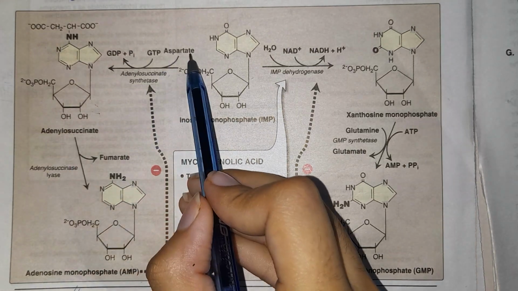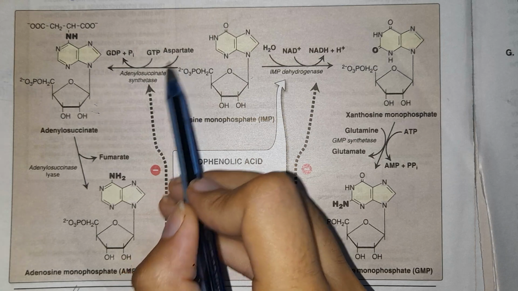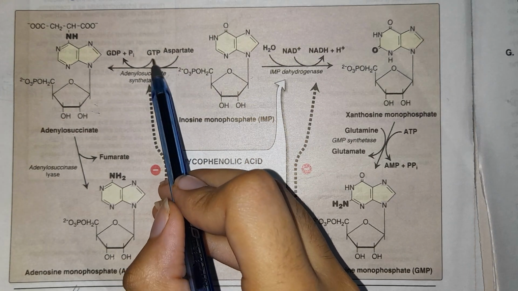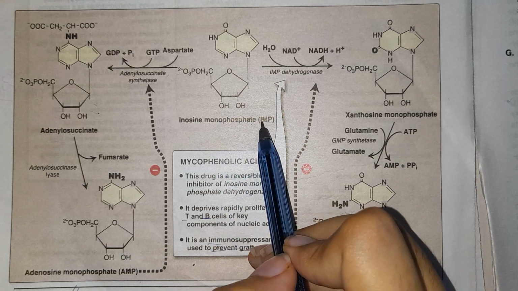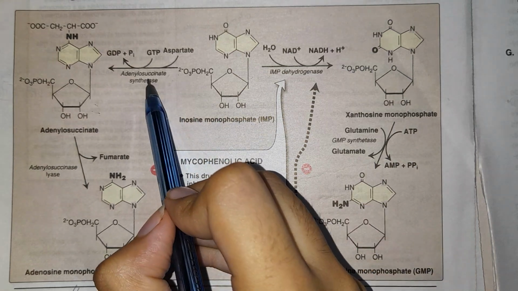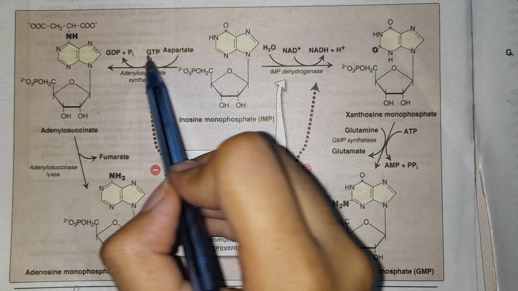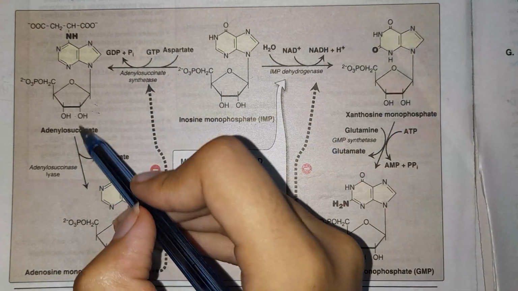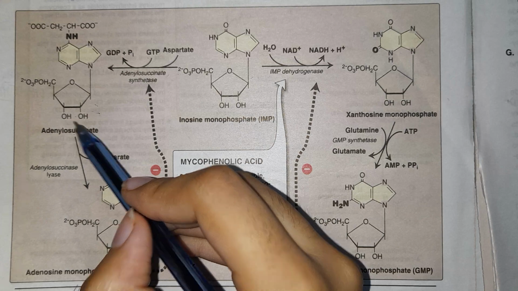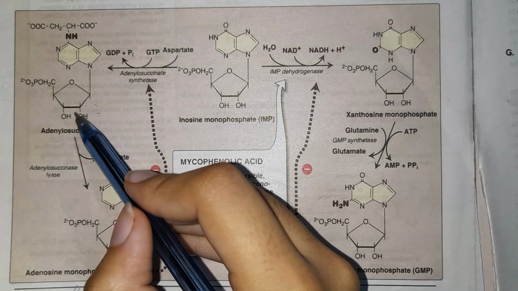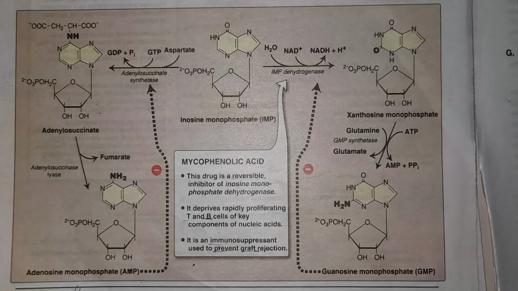And the main things that are used in this are aspartate and GTP. Aspartate will be consumed, whereas GTP will be converted into GDP and inorganic phosphate. So inosine monophosphate with the adenylosuccinate synthetase enzyme gets converted into adenylosuccinate using aspartate and GTP. Now we are going to remove fumarate from this adenylosuccinate, and this enzyme that is going to remove something will be the adenylosuccinate lyase enzyme.